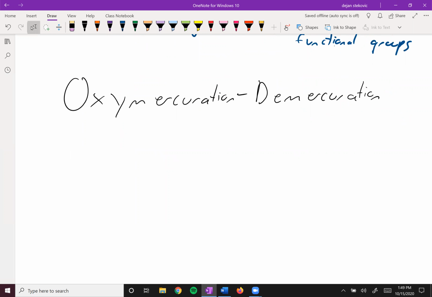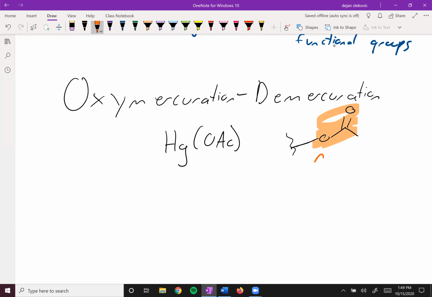And so what we do here is use some mercury acetate. Remember, mercury is Hg, and then OAc is acetate. Right, so all of this is the OAc.